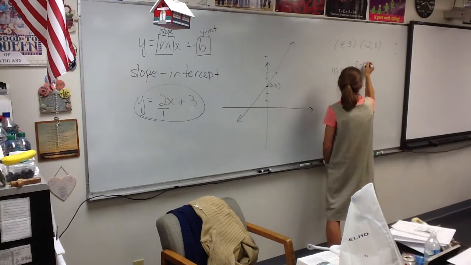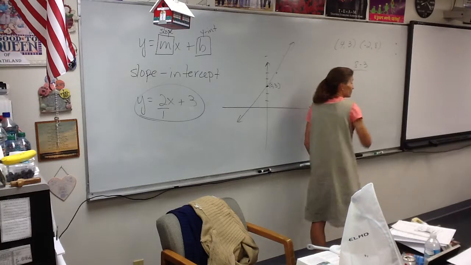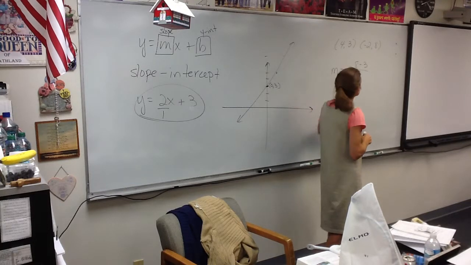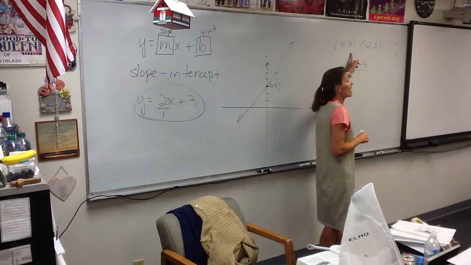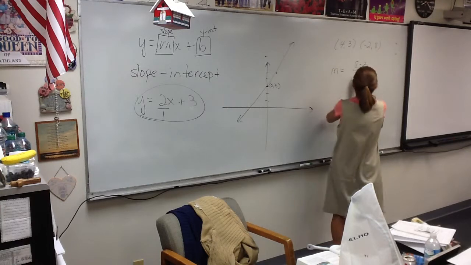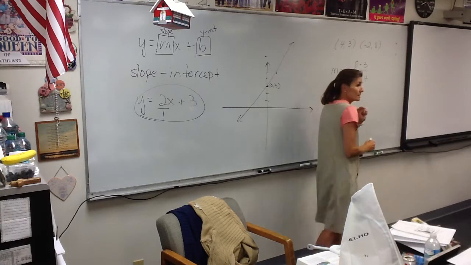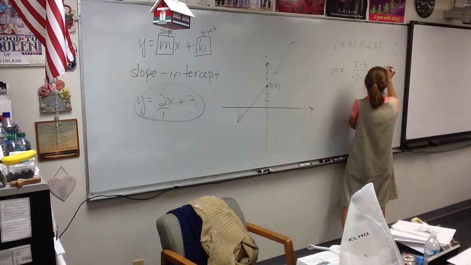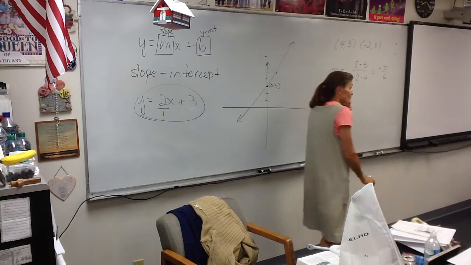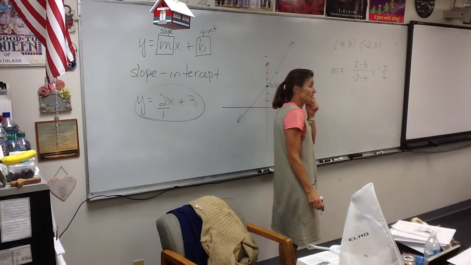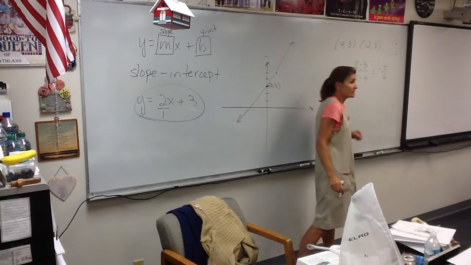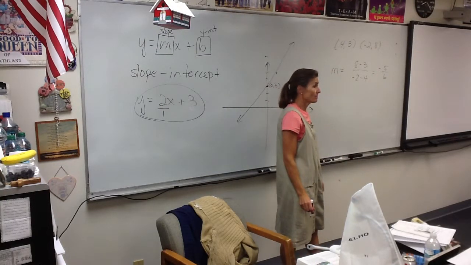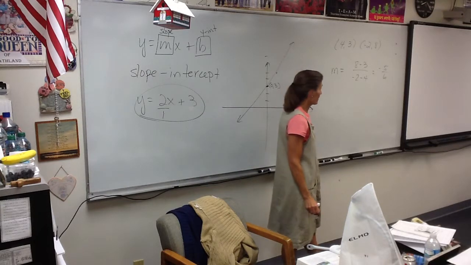I can take 8 minus 3, and then I have to do negative 2 minus 4. So my slope is negative 5/6. Does it matter that my negative went to the top instead of staying in the bottom? No, put it somewhere, it doesn't matter where.